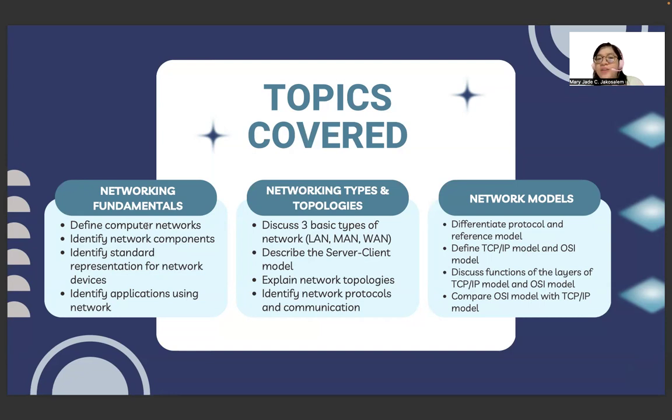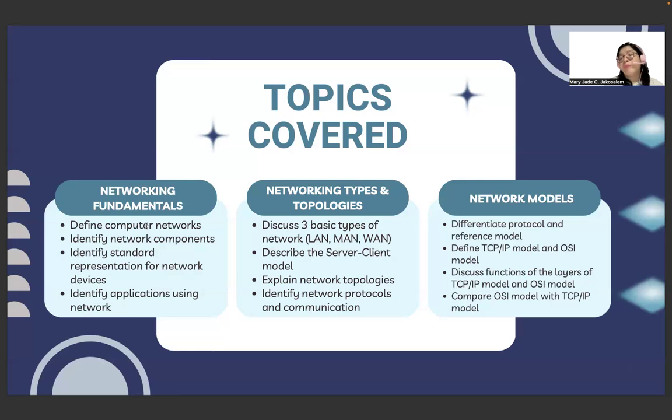For our second topic, we also have 4 objectives. First is to discuss the 3 basic types of network, the LAN, the MAN, and the WAN. Second objective is to describe the server-client model. The third objective is to explain the network topologies, and the fourth objective is to identify network protocols and communication. And for our last topic on network models, we also have 4 objectives.